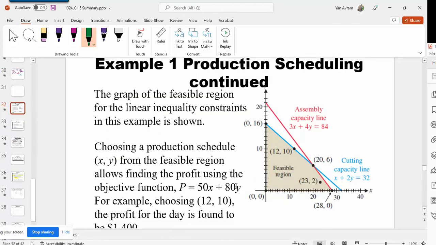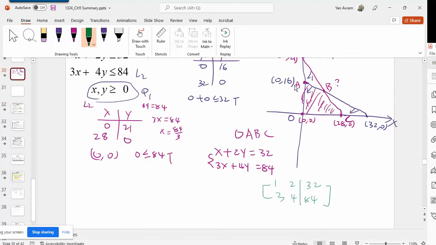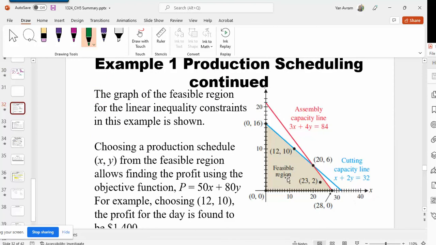So this corner point right here, if you solve, is 20 and 6. Okay, 20 and 6 right here. And then we have this point right here, 0 and 16. Look at that. We have 0, 16, and 28, 0 right here.